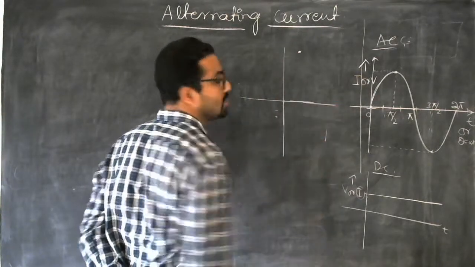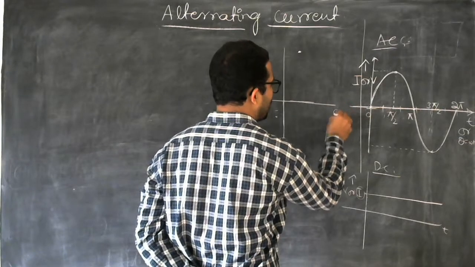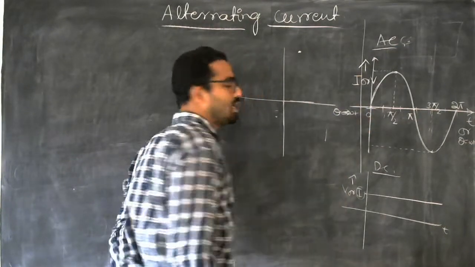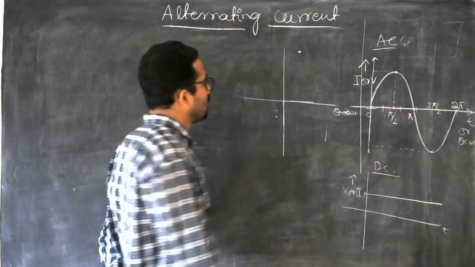Let me represent this in another way. See here, this is the angle axis, theta. Theta is equal to omega t, where omega means angular velocity.